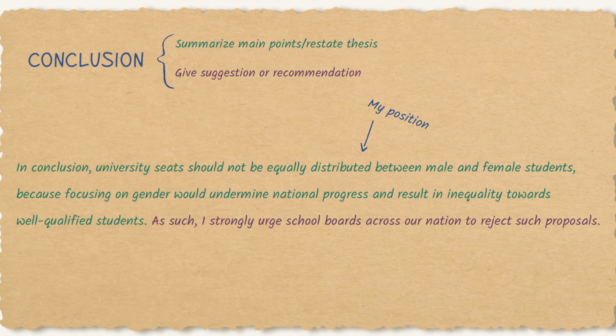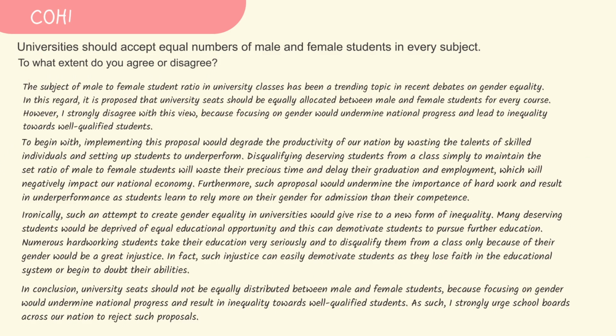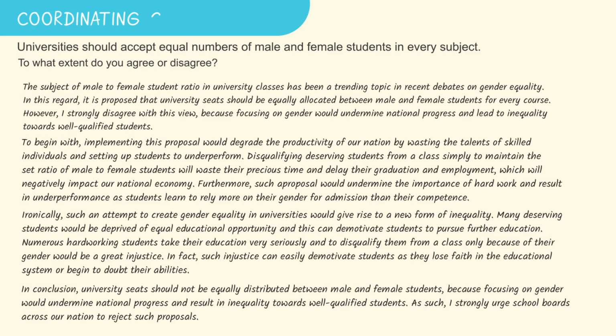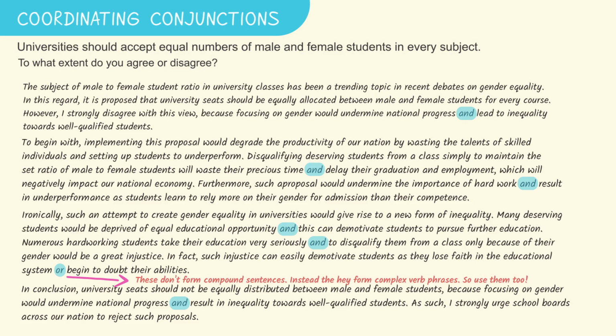All right, now let's see cohesive devices. How many cohesive devices I've used in this essay? So as you can see, these are our cohesive devices in this essay. A lot, right? A lot of cohesive devices that I've tried to make my essay coherent, to follow coherence and cohesion, right? And these are coordinating conjunctions that I've used in my essay, right?